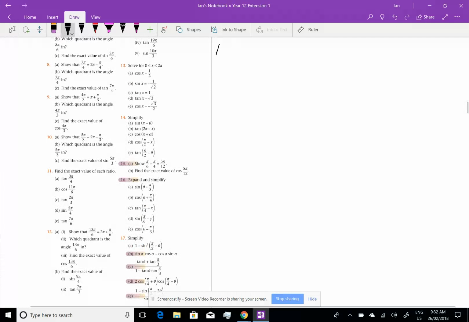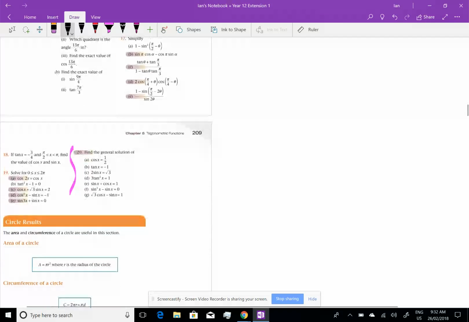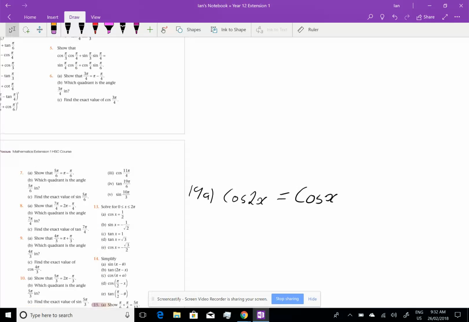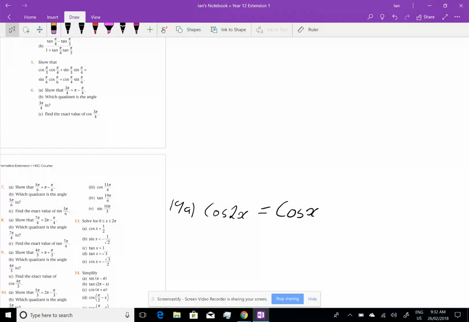So 19a, cos 2x equals cos x. Well, what I have to do first is express that cos 2x in terms of just a single x. So I'm going to use this formula here: cos 2x equals cos(x plus x).